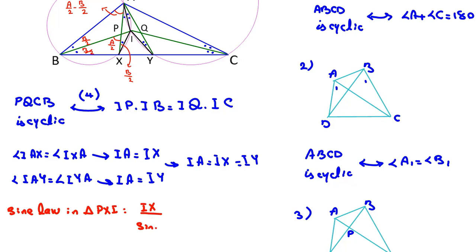It is sine of 180 minus A over 2, equal to PI over sine B over 2. And let me tell you, here we should prove this because we want to prove PQCB is cyclic. The other things are assumptions and the conclusions we've reached.